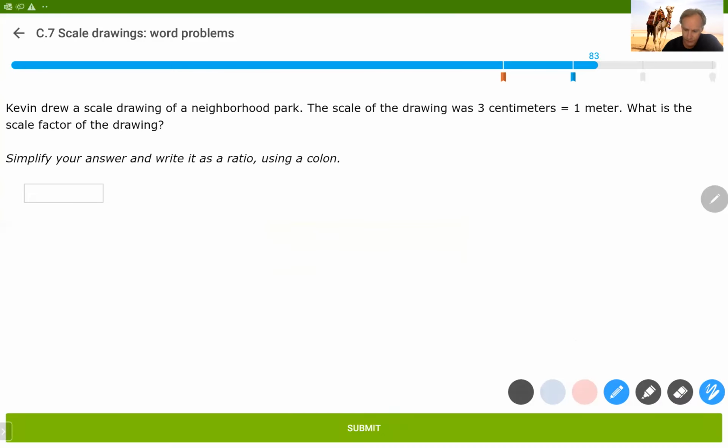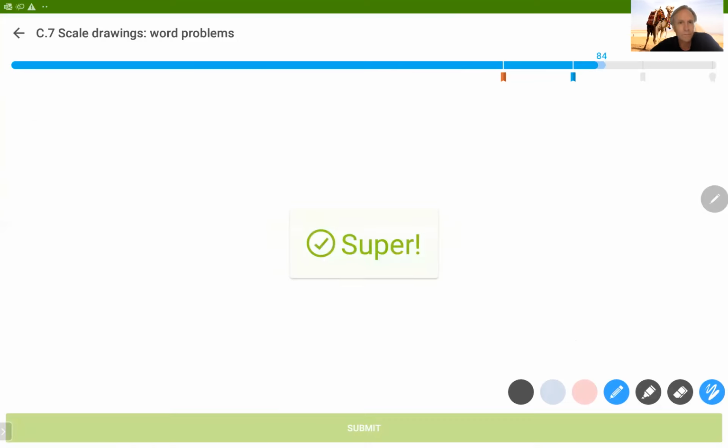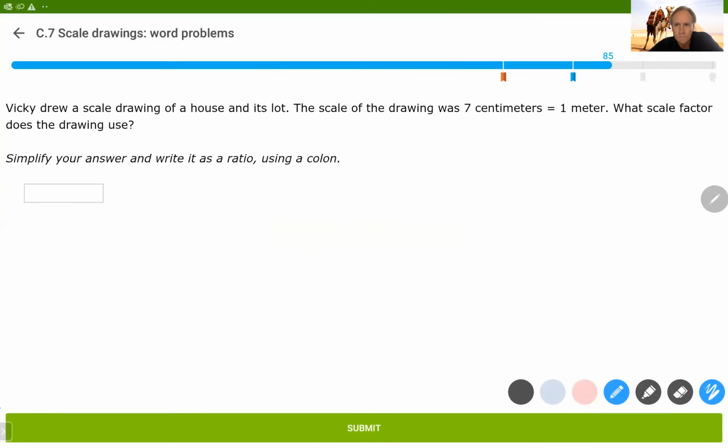3 to 100. This is 3 centimeters to 100 centimeters, since they want it as a ratio, and it is reduced. Oh, same one again, 7 to 100.